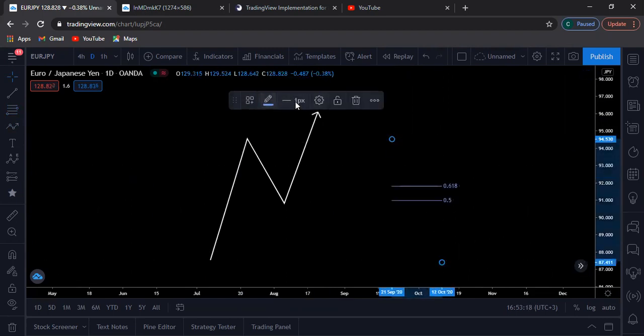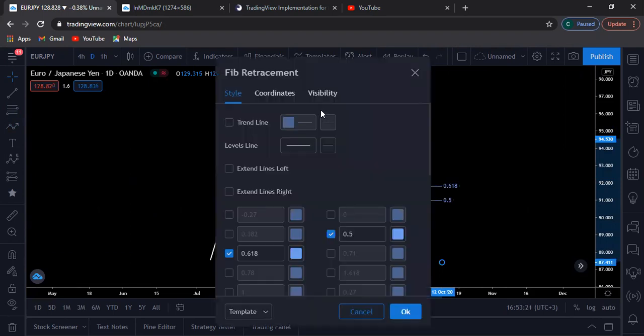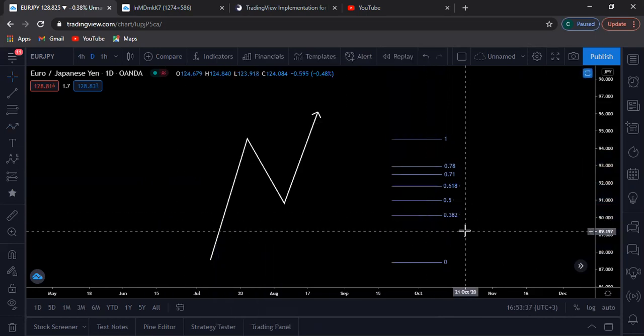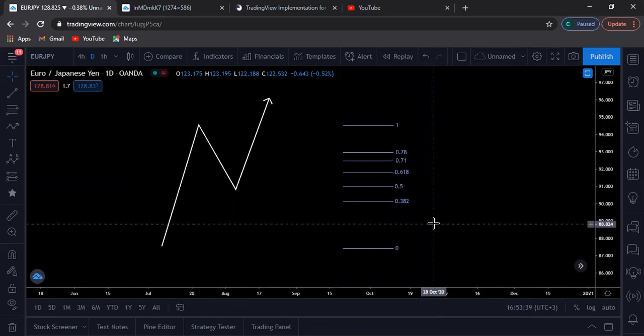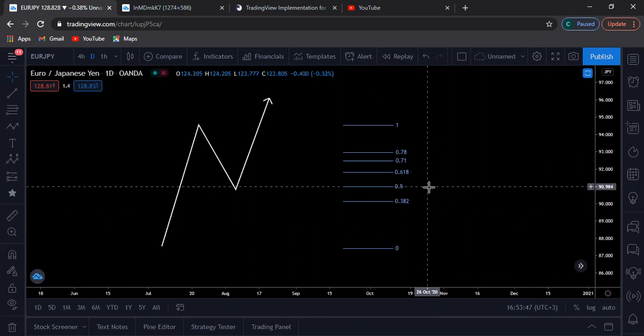I'm going to break it down for you guys. This is how the Fibonacci tool looks. Well, I removed a couple of levels, so let me put them back. I don't use all of them. Okay, now these are the Fibonacci key levels which the market mostly uses.